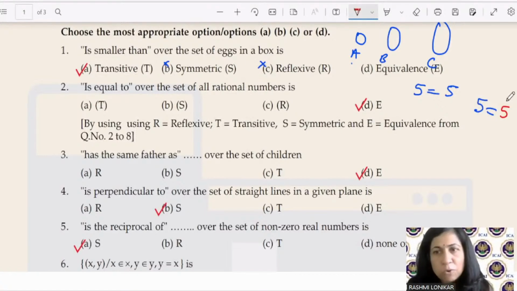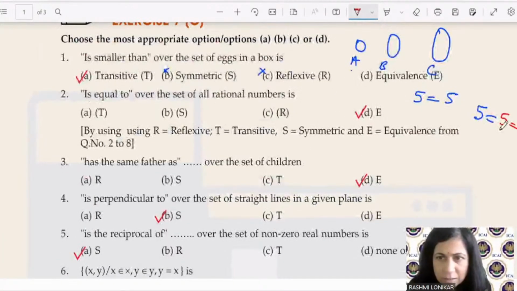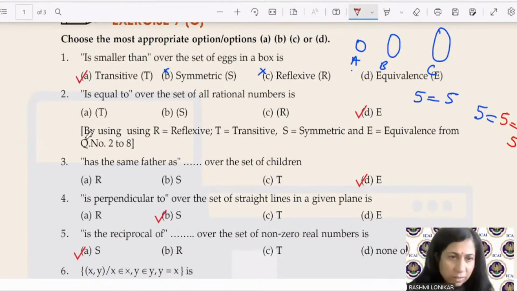Yes. Is the blue 5 equal to the red 5 and the red 5 equal to the blue 5? Yes. And can I write it like this? This 5 is equal to this 5. Yes, so it is an equivalence.